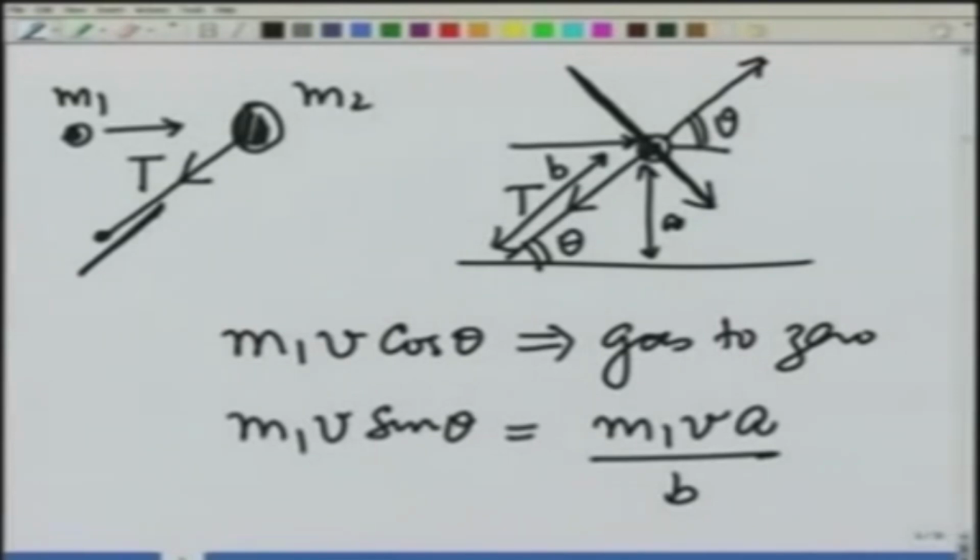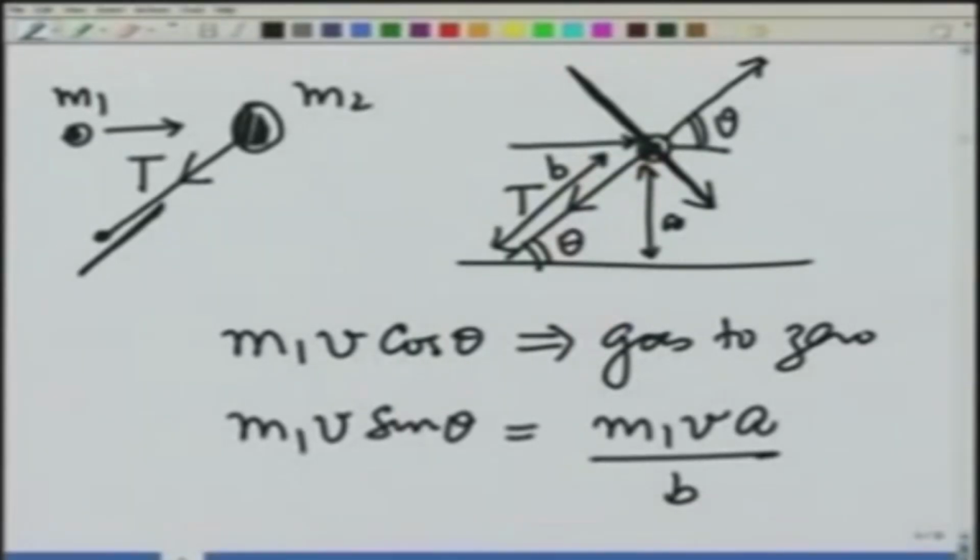And this momentum remains the same, but now after the mass m1 gets stuck with mass m2, the mass changes, and therefore the velocity v prime is going to change.